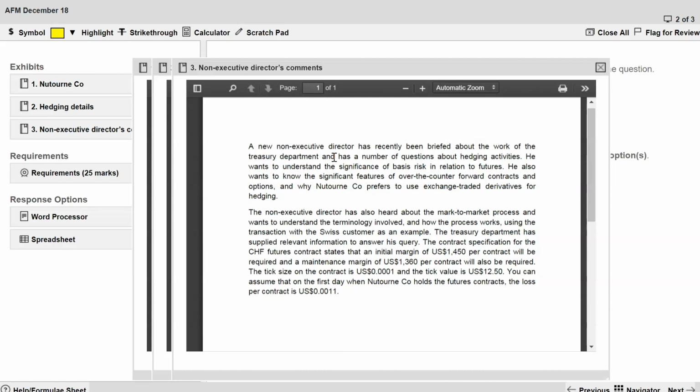Tick size on the contract is 0.0001 and the tick value is $12.5. You can assume that on the first day when the company holds the future contract, the loss per contract was $0.0011, or we can say it is 11 ticks.